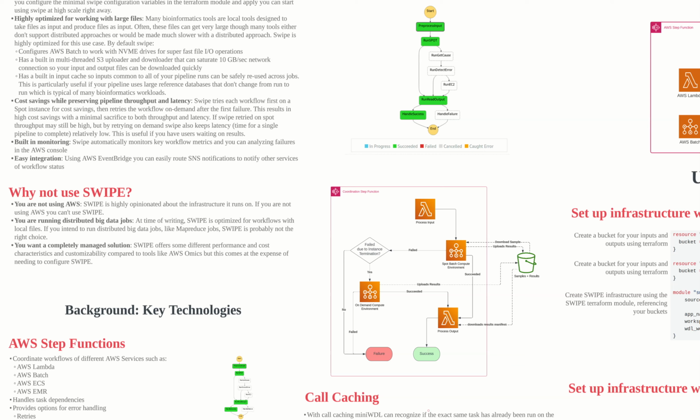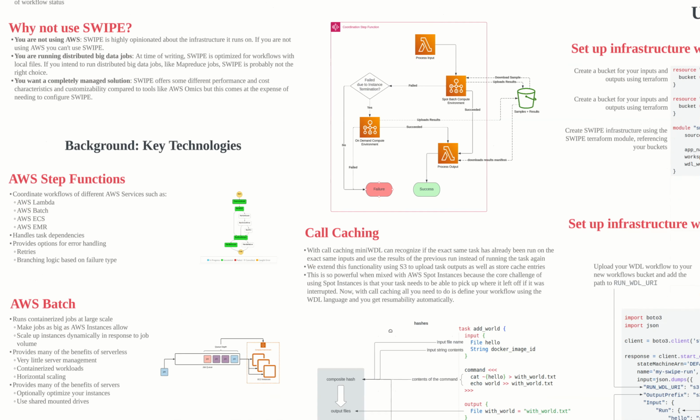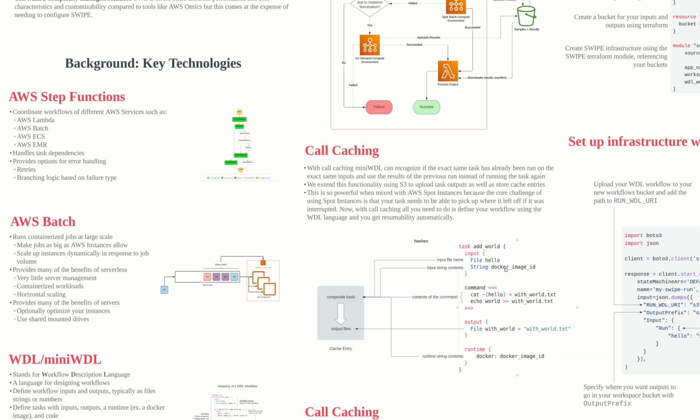The reason that that is manageable is that we have a feature called call caching. Call caching takes in all this information about the task to build a cache key. That includes the inputs, the command itself, and the runtime, and it maps that cache key to the output files of that task, if such output files exist.